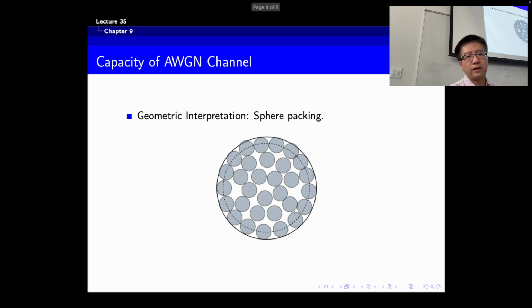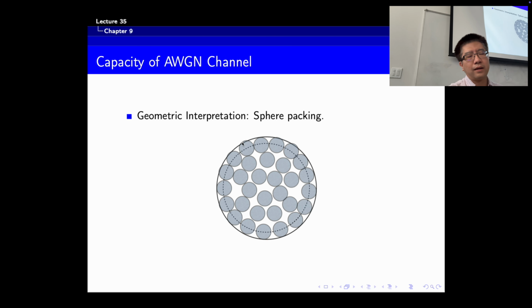Okay, and here is a geometric interpretation of the channel capacity. Basically, you consider this sphere as what we can receive, and the radius of it is square root of P plus N. This is the total space that we can receive.